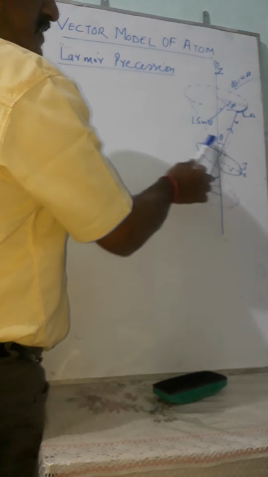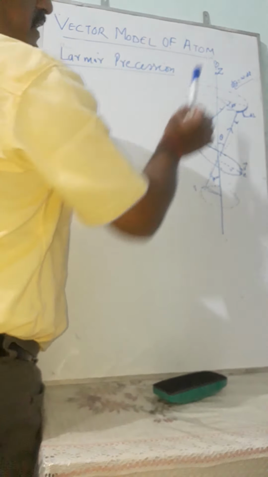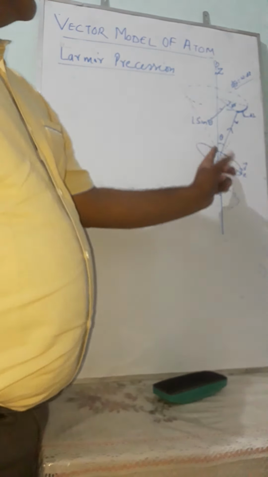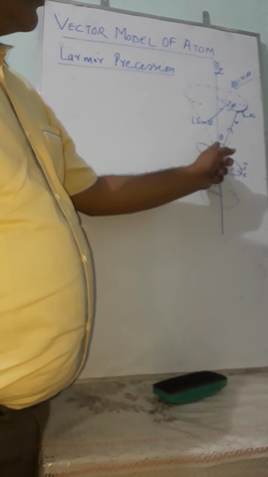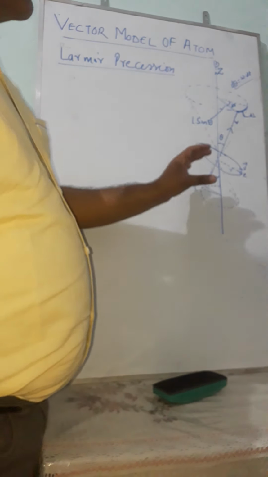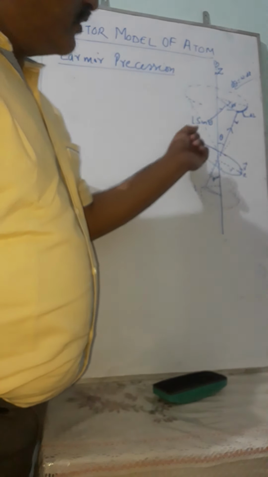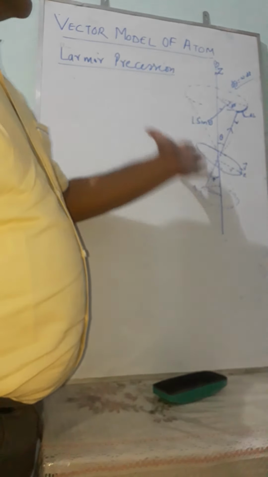Suppose this electron has been kept in a magnetic field directed along the z axis, such that the orbital angular momentum L of this electron makes an angle theta with the magnetic field. Due to the presence of the magnetic field, the electron revolving around the nucleus, which is behaving like a bar magnet, experiences a torque.